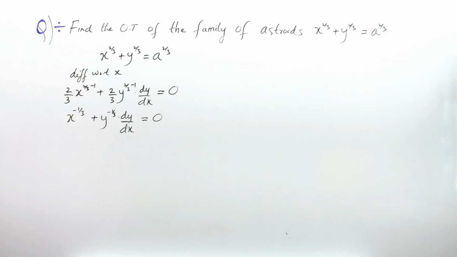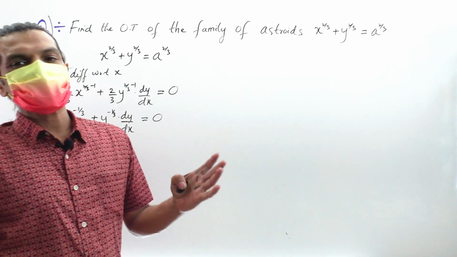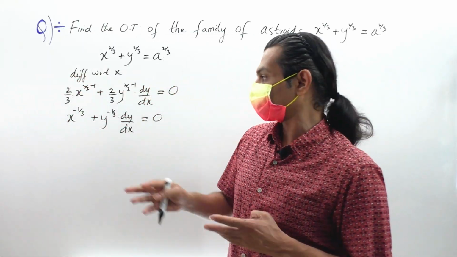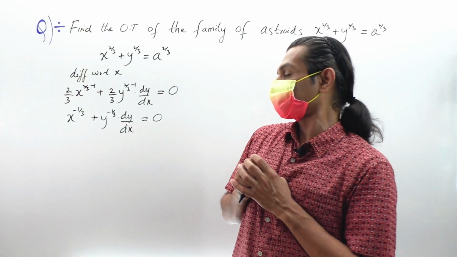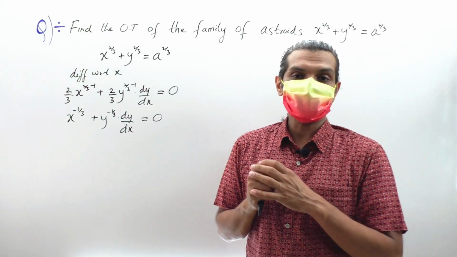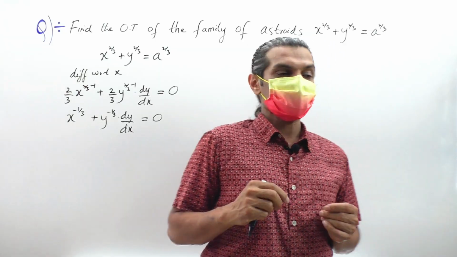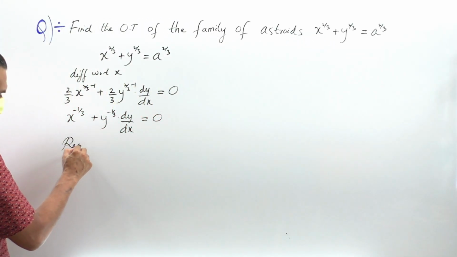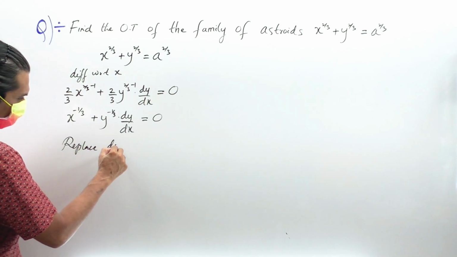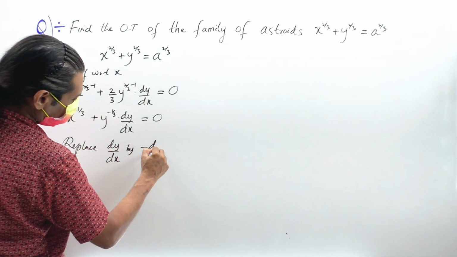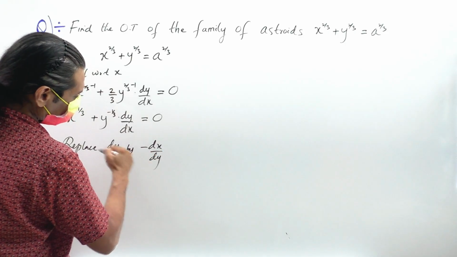Now, for the method of finding the OT, the orthogonal trajectories for a family of Cartesian curves, we first differentiate and remove the constant. Then we replace, very important step, dy by dx by minus dx by dy. So right here now, replace dy by dx by minus dx by dy.